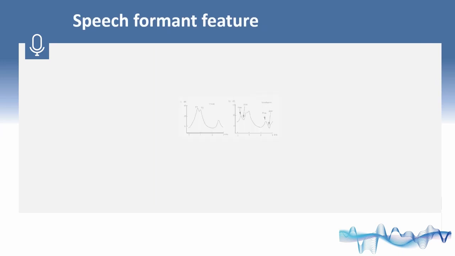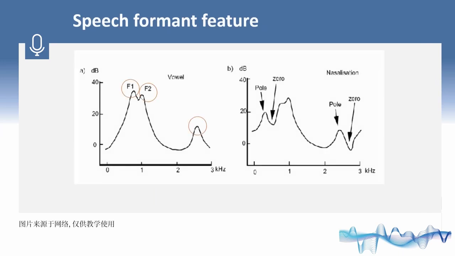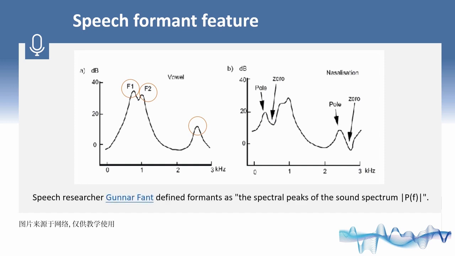Speech formant feature is very important in recognizing speech signal. Speech researcher Gunnar Fant defined the formants as the spectral peaks of the sound spectrum. A formant is just a harmonic of a note that is augmented by a resonance.